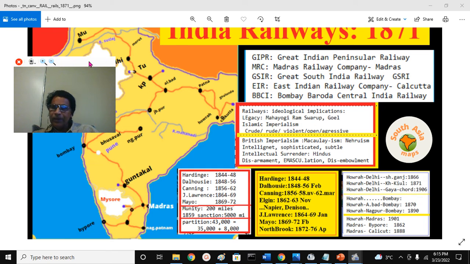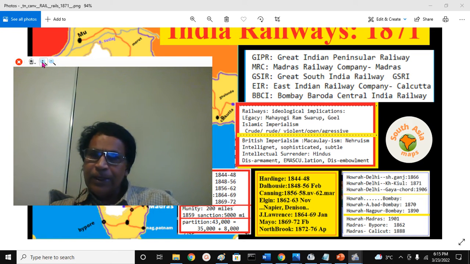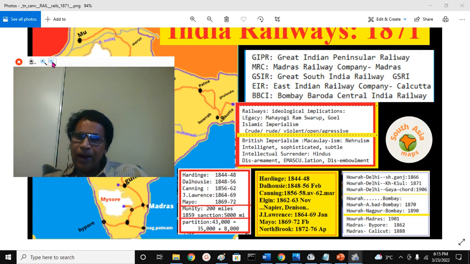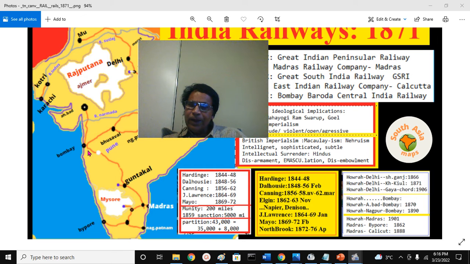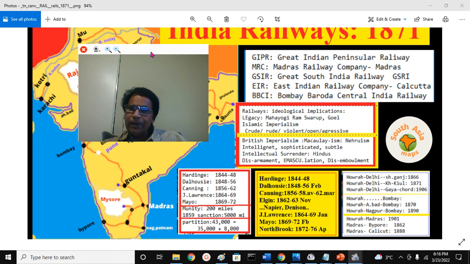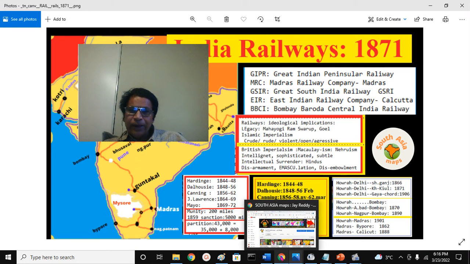Muslim conquistadors ruled India for nearly a thousand years, from 700, Qasim's invasion of Sindh, to 1700, the death of Aurangzeb at Ahmednagar in the Balaghat region of today's Maharashtra. That was the railway lines. We look at them in detail here.